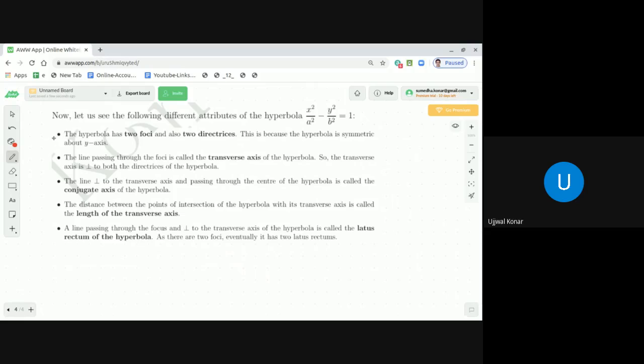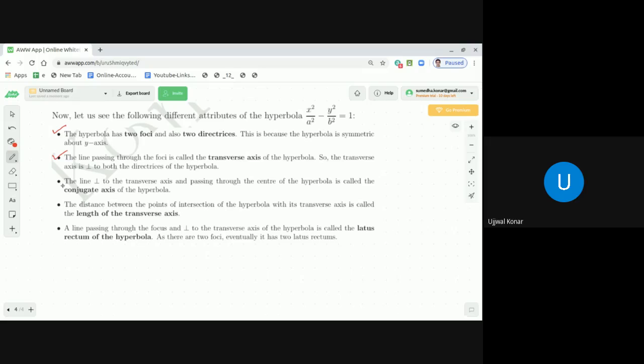This is because the hyperbola is symmetric about the y-axis. Quite an obvious statement. The line passing through the foci is called the transverse axis of the hyperbola. The transverse axis is perpendicular to both the directrices of the hyperbola. Correct? So transverse axis you understood.